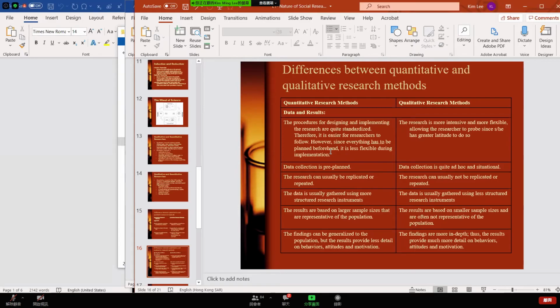You need to follow every step. But when you do qualitative research, the key feature is flexibility. You always adjust, always change, always modify. There are no standard procedures. So these are two very different things.